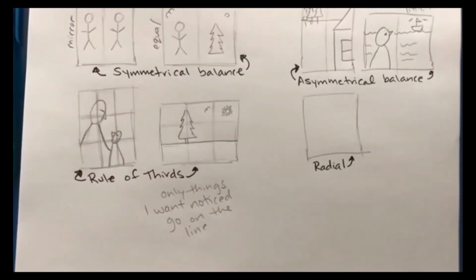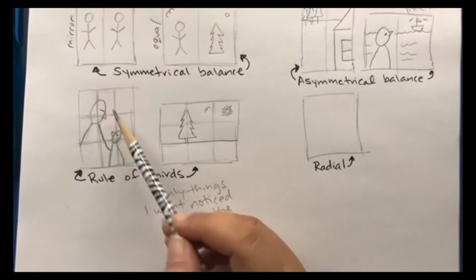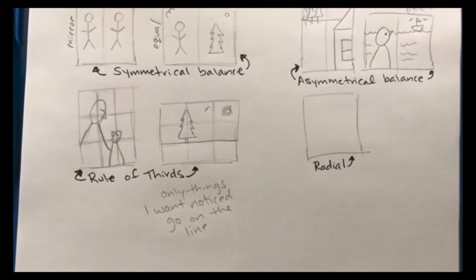So that's something you want your viewers to pay attention to, the faces. So by putting the faces on those points right there where the two lines meet, it really makes it more important. Does that make sense? Have I lost you yet? Okay.